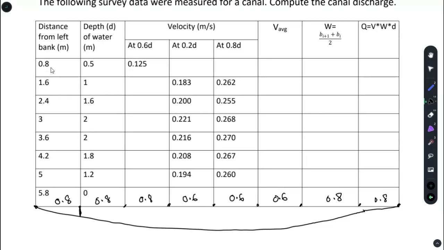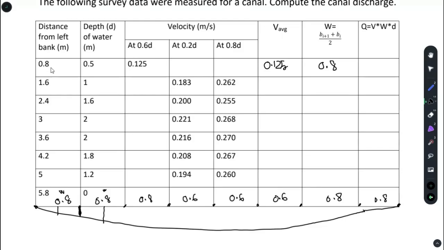So at 0.6 of the 0.5 depth, we take a velocity of 0.125, and the average would be the same, 0.125, and the width would be, for this point, half of this segment and half of this segment, so half of this segment would produce 0.4, and half of this segment would produce 0.4, so it would be 0.8.